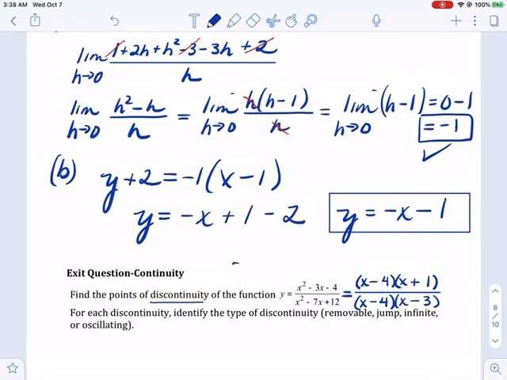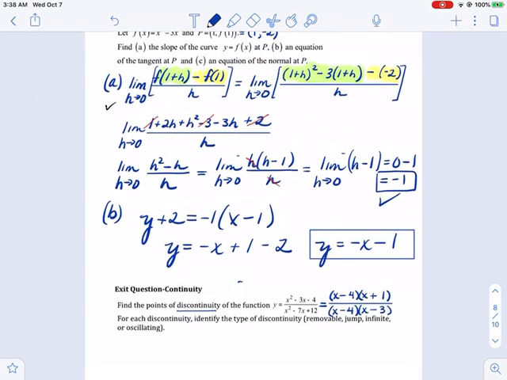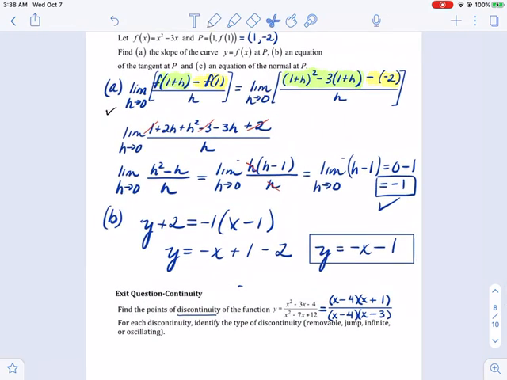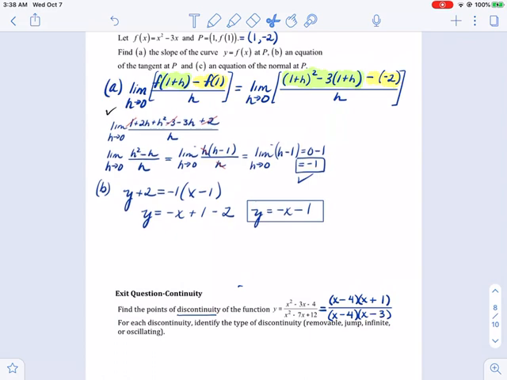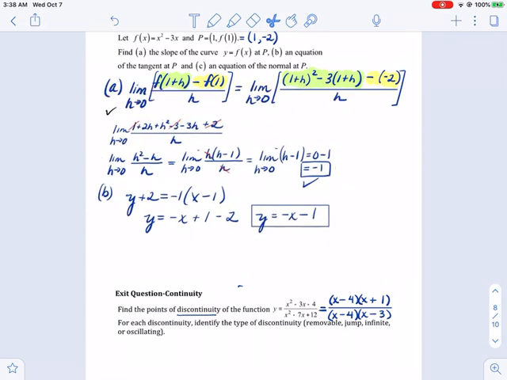Okay, all right, and then we have an equation of the normal line for part c. For part c, we have y plus 2 is equal to, it'll just be a slope of 1 times x minus 1, the negative reciprocal.